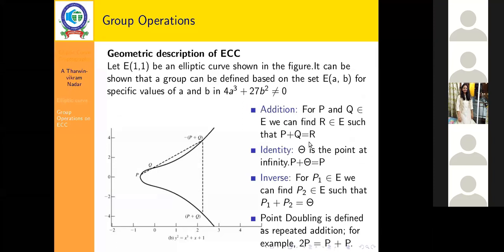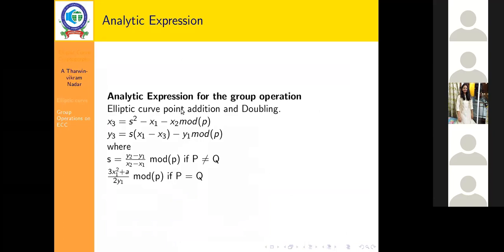So in that way we can define the addition, identity, inverse and associative properties on the elliptic curve. So we can conclude that we can define a group operation, the addition operation, on an elliptic curve. There's also an analytic expression for what I talked about, taking the tangent and so on.